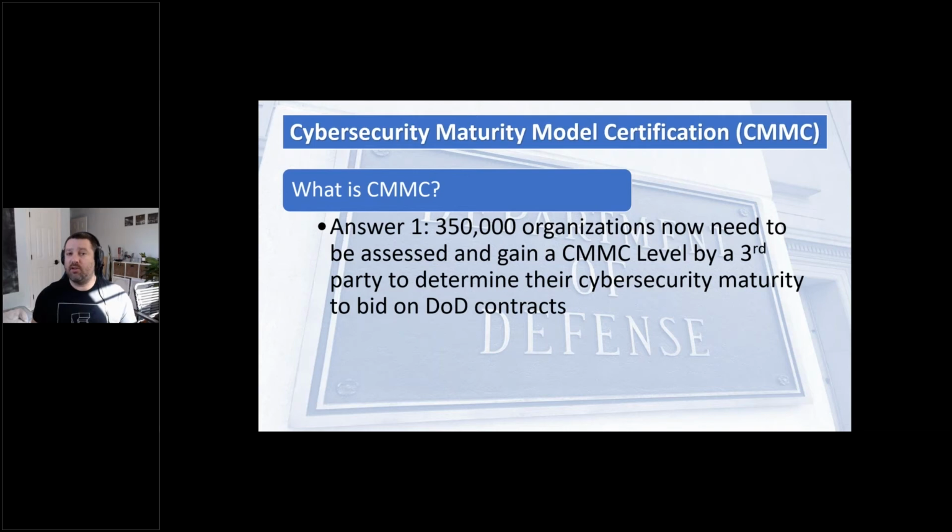Third-party organizations will have to assess any member of the defense industrial base that wishes to bid on a contract starting in fiscal year 2026, so that's September of 2025. If an organization does not achieve a CMMC level, they will be ineligible to bid on any contracts. If they achieve a CMMC level, they will only be allowed to bid on contracts that equal or are lower in level to their achieved level.